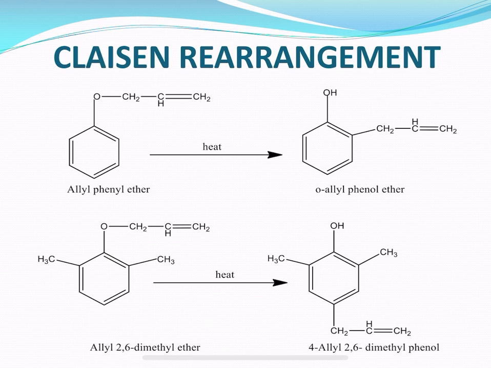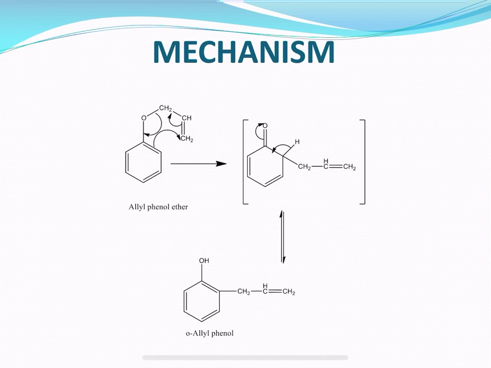So then the allyl group, without any doubt, goes and migrates to the para position. So this is one example. As I said, if the ortho positions are blocked, then the allyl group migrates to the para position.